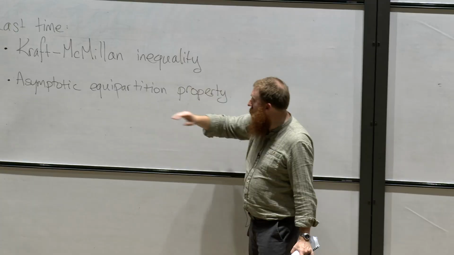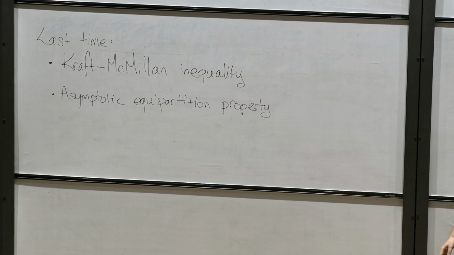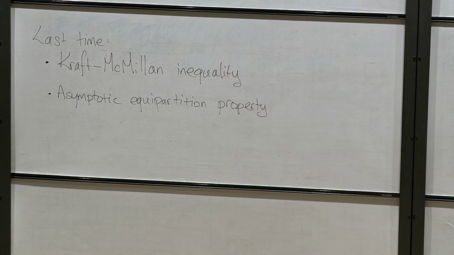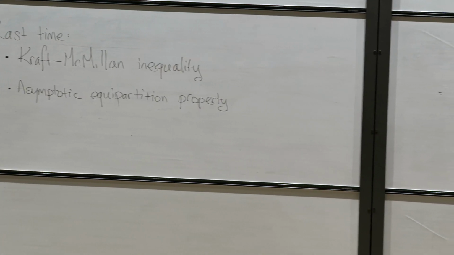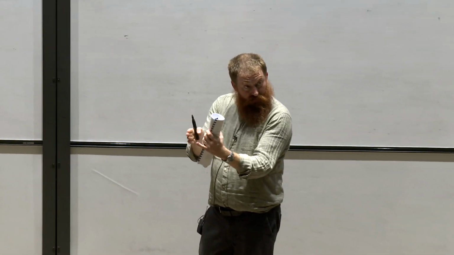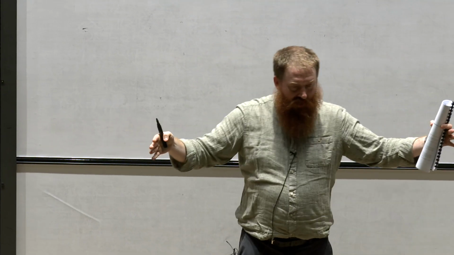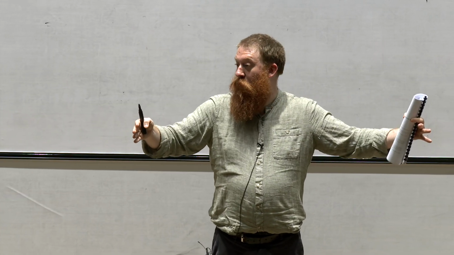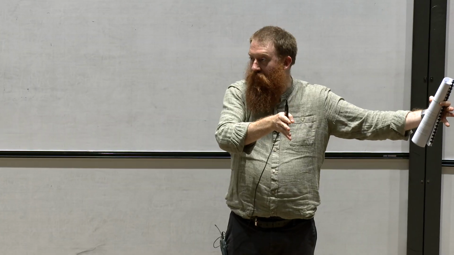The other thing we talked about was the asymptotic equipartition property, which says if I've got a sequence of IID random variables, then I may not be able to say very much about a single output, but if I look at a long string, then the law of large numbers kicks in. I can separate the world into two classes: the typical sequences that I'll typically see, which happen with approximately equal probability, hence the term equipartition.